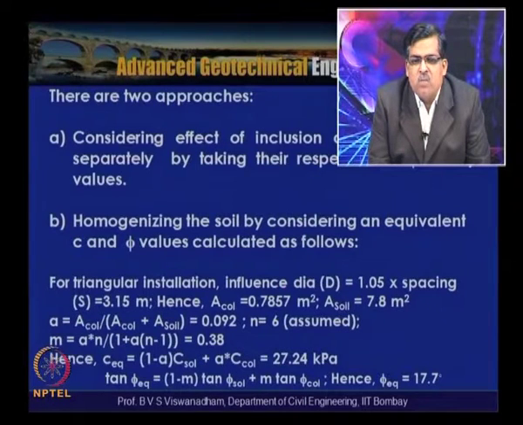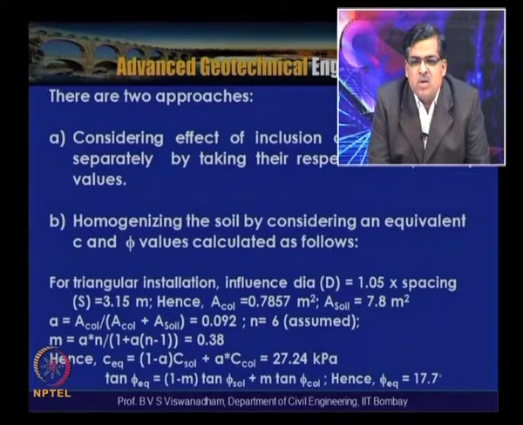So the area ratio, which is A column divided by A column plus A soil, comes out as 0.092. The stress concentration factor n is assumed as 6, though it varies from 4 to 10. The value of m is computed as the area replacement ratio A into n, divided by 1 plus A into n minus 1, which is obtained as 0.38.